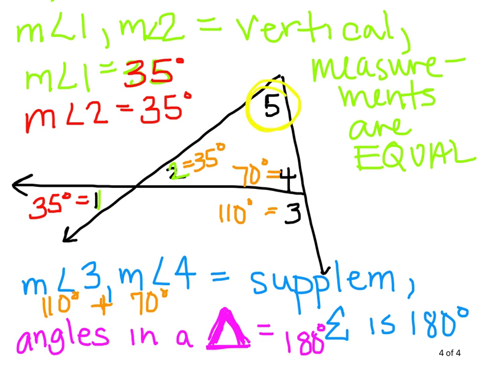So how do we do that? Subtract them, good. So we're going to do 180 minus 70 and minus 35. Very good. And what do we get when we do that?